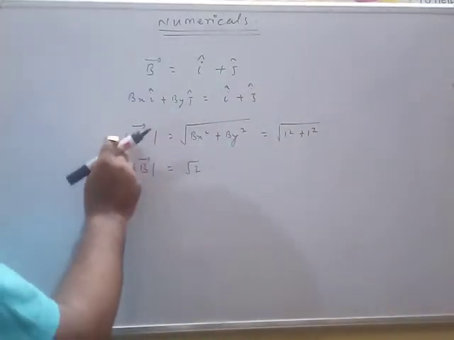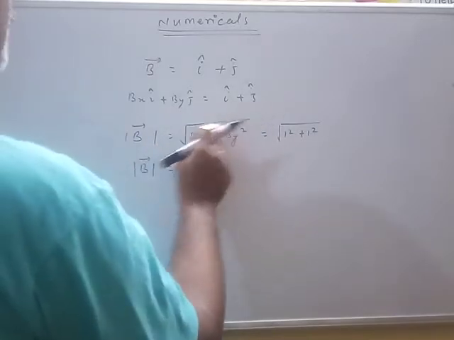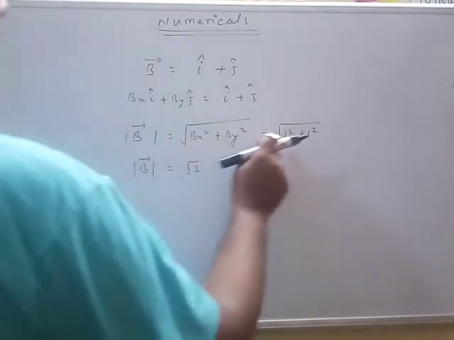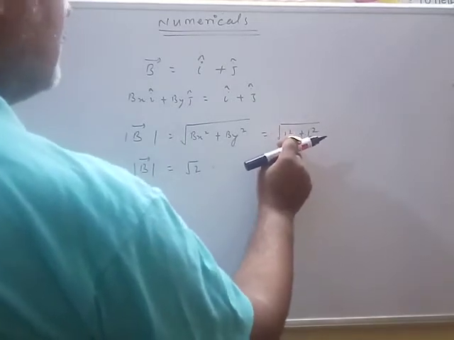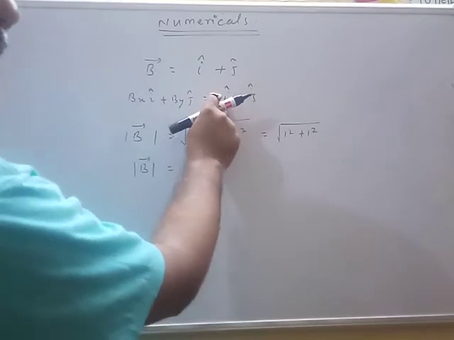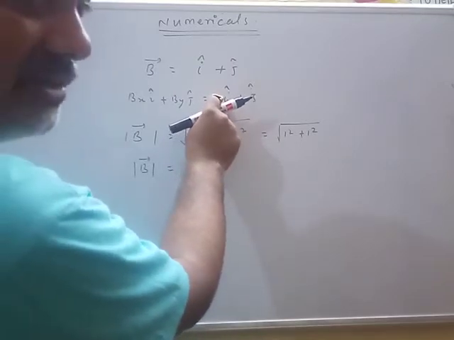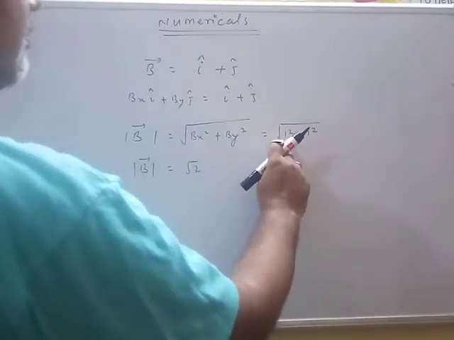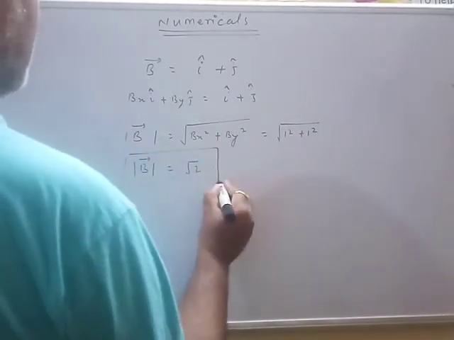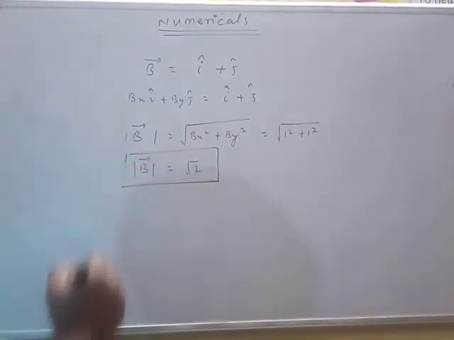Now mod of vector B will be under root bx square plus by square. Therefore it will be equal to 1 square plus 1 square, because unit vectors have magnitude unity, and therefore 1 square plus 1 square, it comes as mod B equal to under root 2.